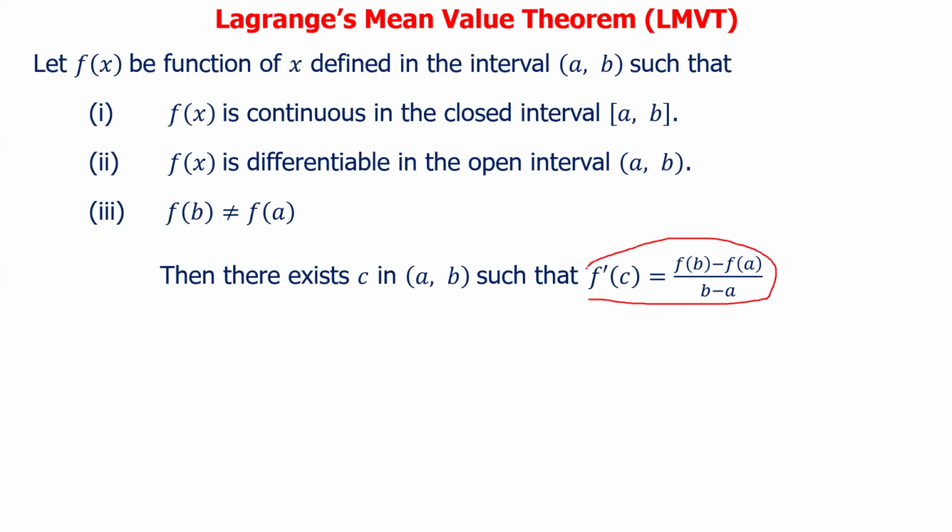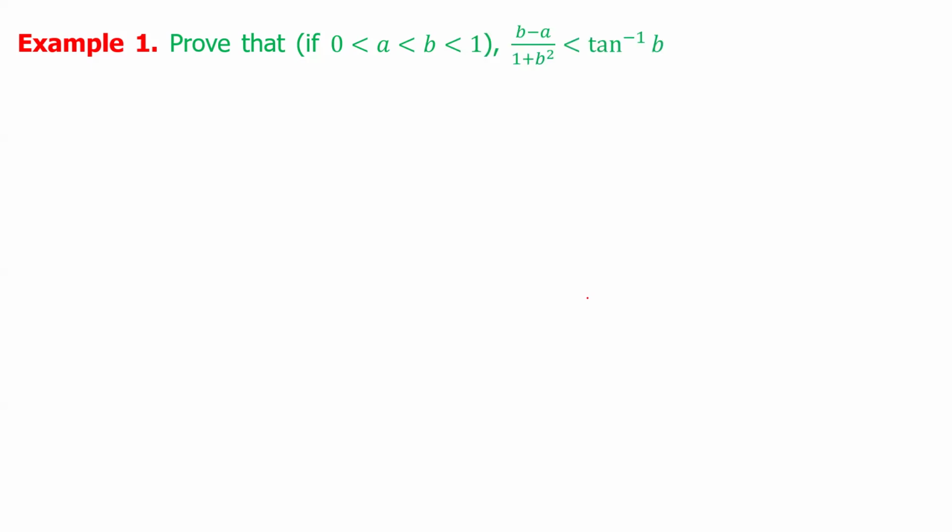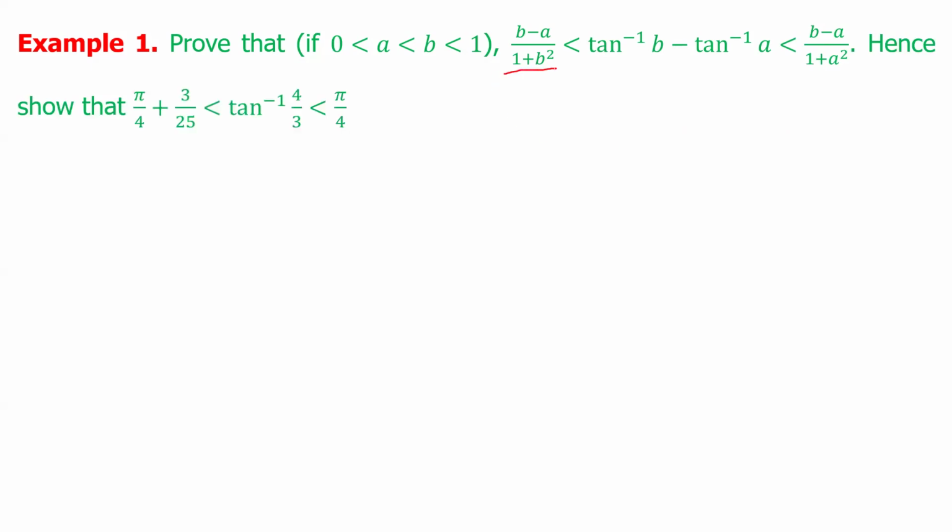So now we apply this Lagrange's mean value theorem and solve the next problem. The question is, prove that if 0 is less than a is less than b, and b is less than 1, then (b minus a) upon (1 plus b square) is less than tan inverse of b minus tan inverse of a, which is less than (b minus a) upon (1 plus a square).